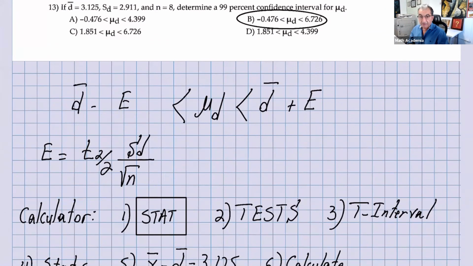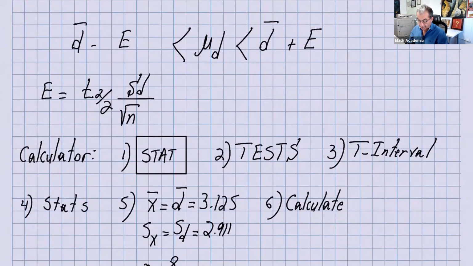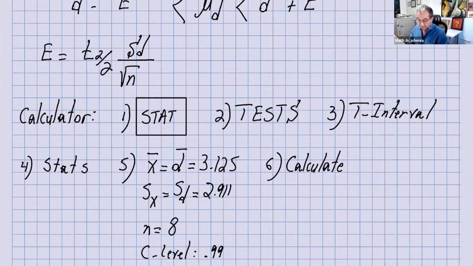T sub alpha over 2, you can use your calculator for the 99% confidence level. S sub d is given, and you can substitute. Or if you want to do this directly, go to your calculator. Stat, test, this is a T interval. So you do T interval, then number 4.